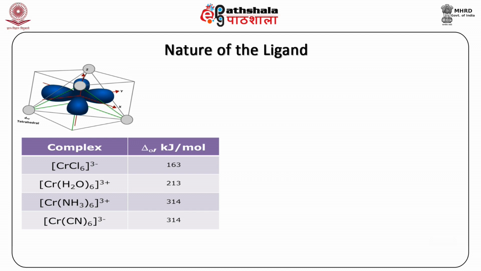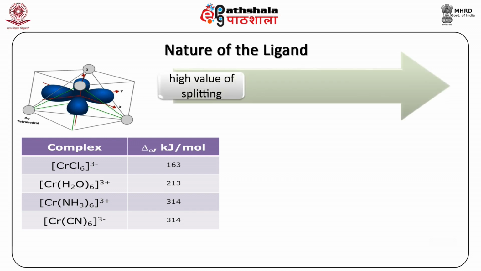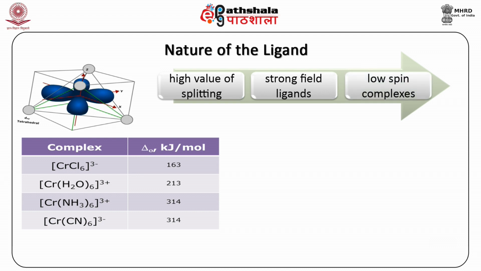The ligands causing high value of splitting are called strong field ligands, whereas the complexes formed by them are termed as low spin complexes, since they initiate spin pairing in the t2g level. The ligands for which value of splitting is low are called weak field ligands. The ligands are arranged in a spectrochemical series according to their ligand field strength.